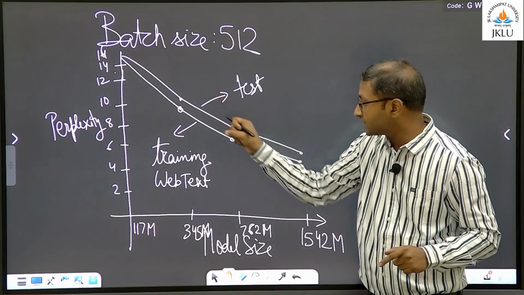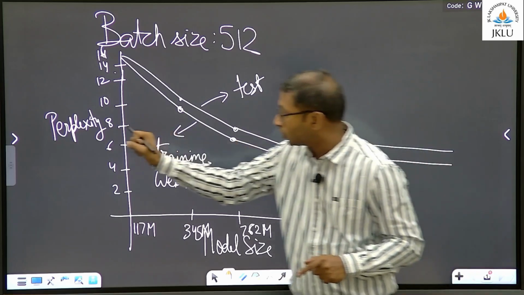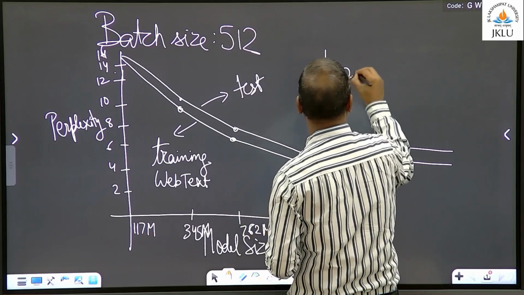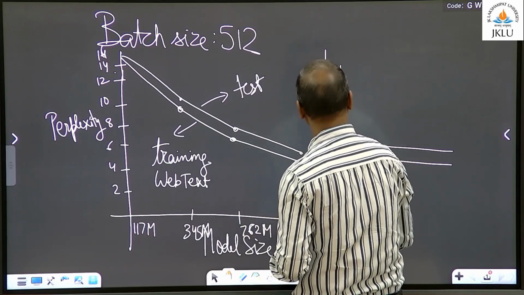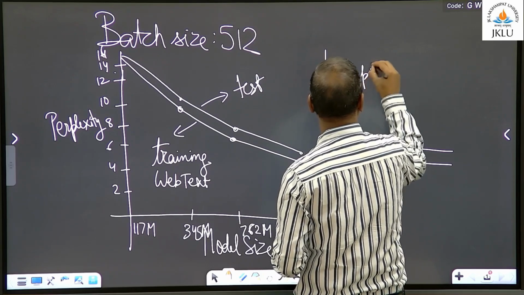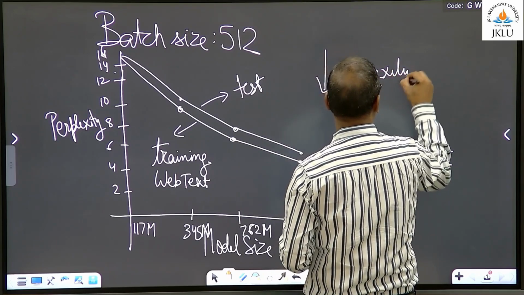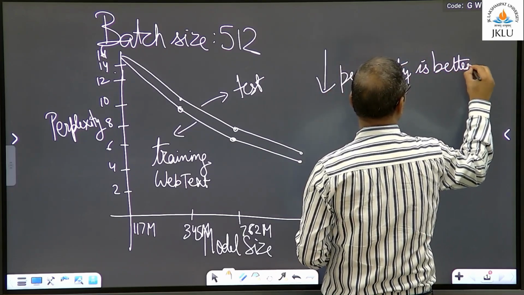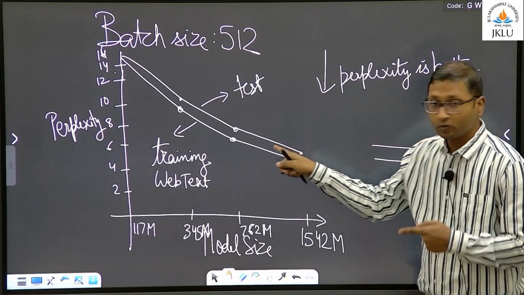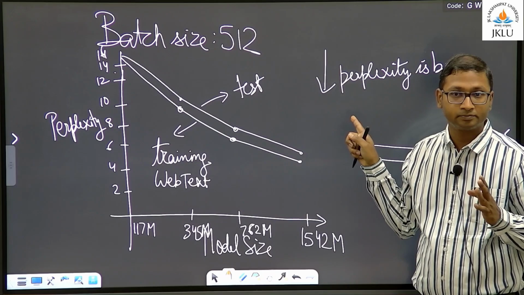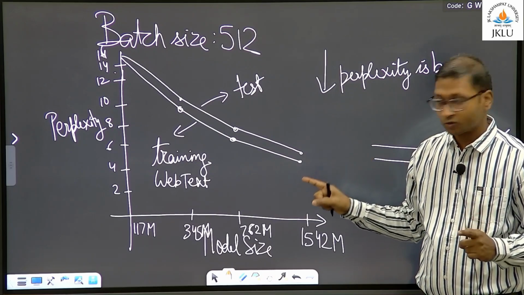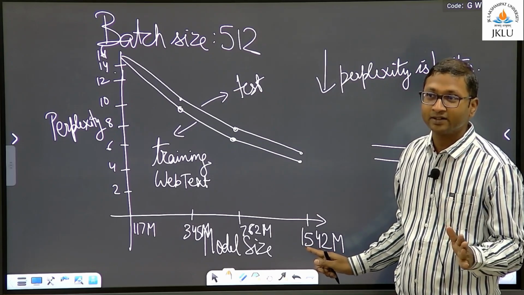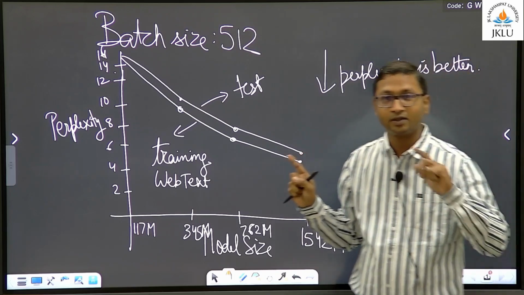If you see here, it is still decreasing. Lower perplexity is better. Has it flattened out? Not yet. So then they come and say, see, 1.5 billion is not sufficient, we need to train even larger models.